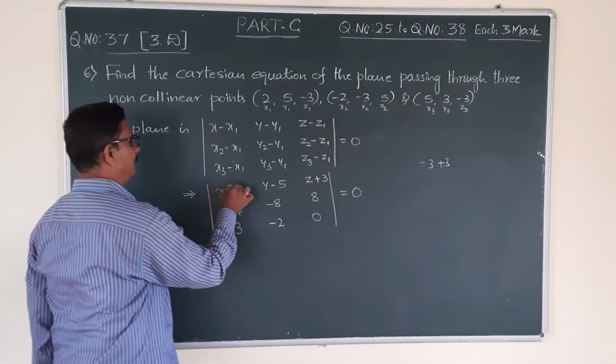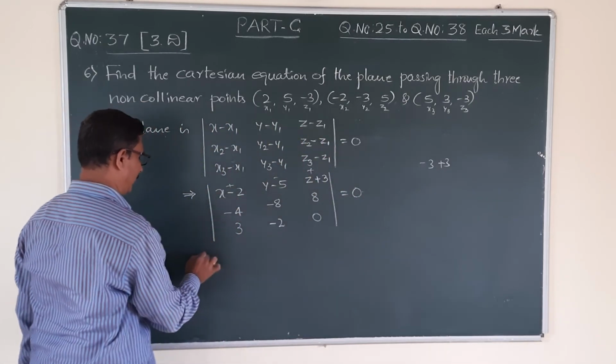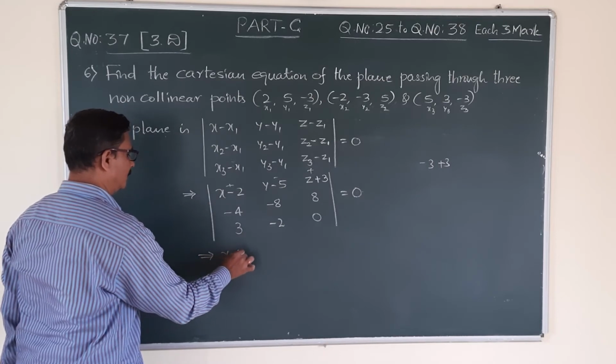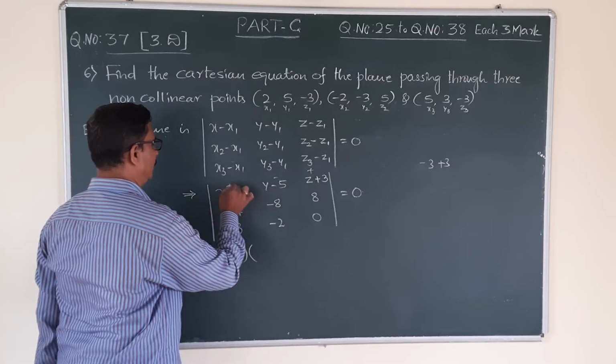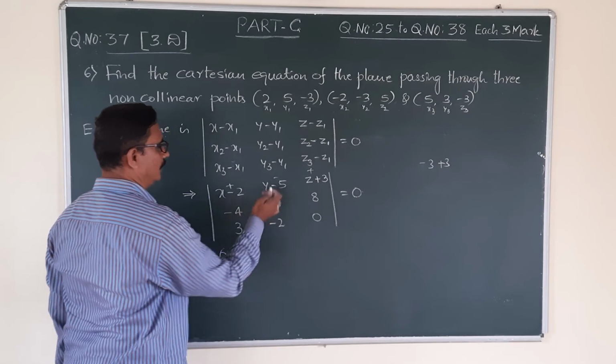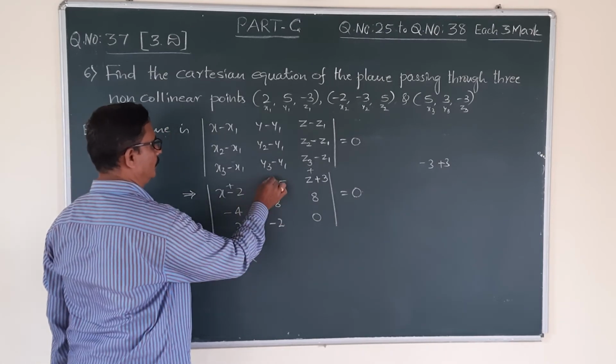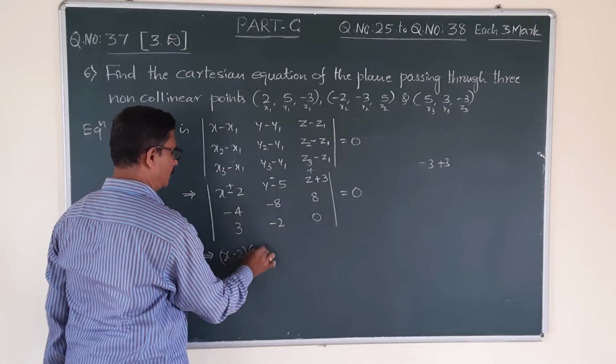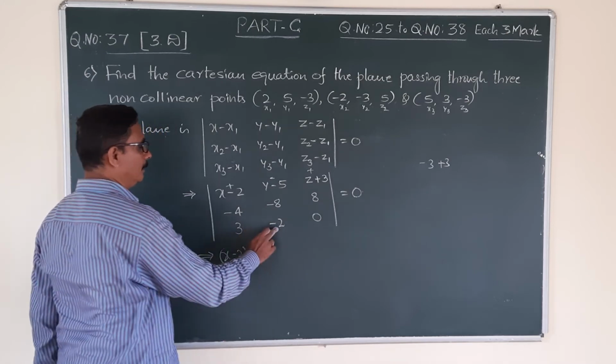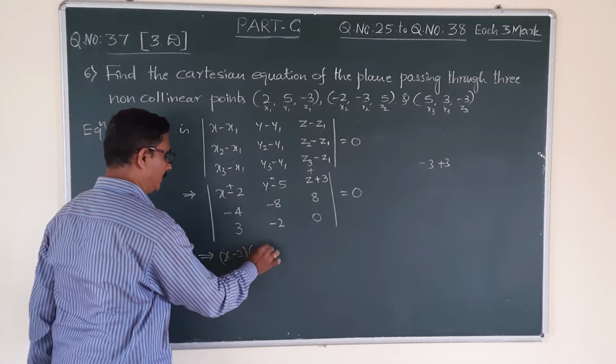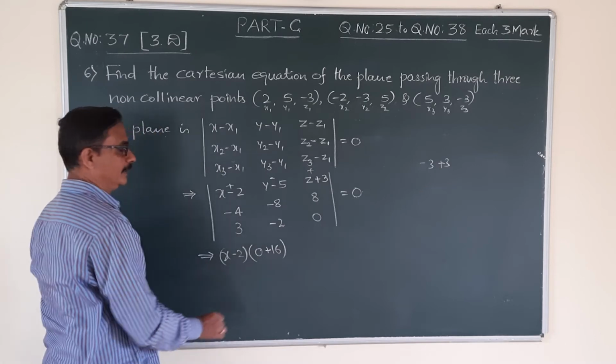Then expand it, plus minus plus; you know how to expand it. So (x − 2), deleting the first row and first column, you get four numbers, the difference of the cross multiplication: −8 into 0 is 0, difference −(−2 into 8), which is −16, minus into minus, plus 16.